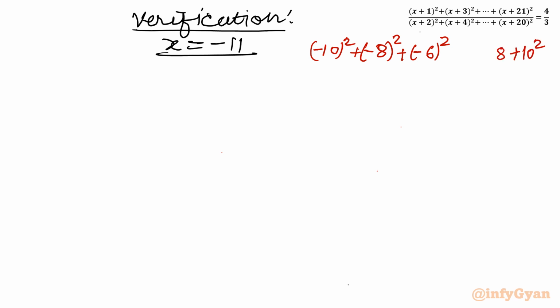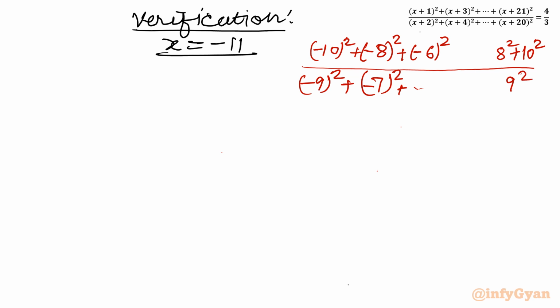Before that 8 whole square and so on. In between 0 is also there. In the denominator, I am putting minus 11, so it is minus 9 whole square. Then minus 11 plus 4, minus 7 whole square and so on. And the last term, if you put minus 11, is 9 whole square. So it is a series from minus to 0 and then 0 to plus, same numbers. The squaring of a negative number would be positive.